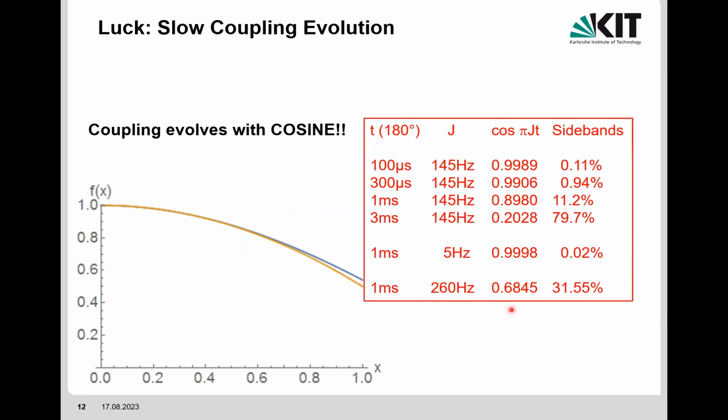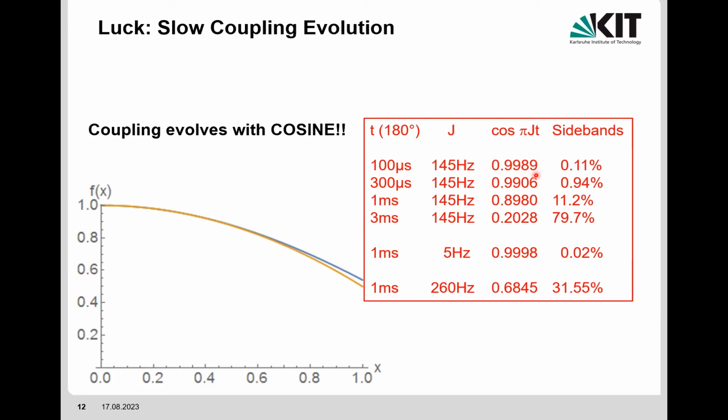So we are lucky in some way, because coupling evolution is quite slow, at least in liquid state NMR. So we have couplings here, for example, of 145 Hertz, a typical value for a one-bond carbon-proton coupling. Then if we have a 180-degree pulse of just 100 microsecond duration, then during this, the evolution reduces our signal to 99.89%, which is almost 100%.